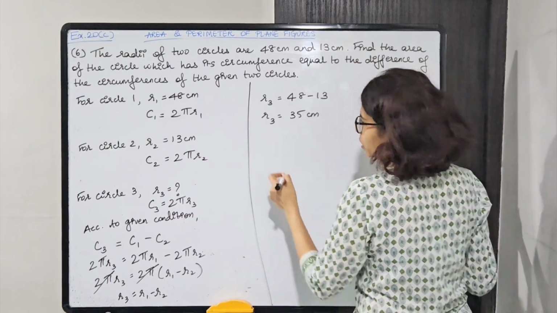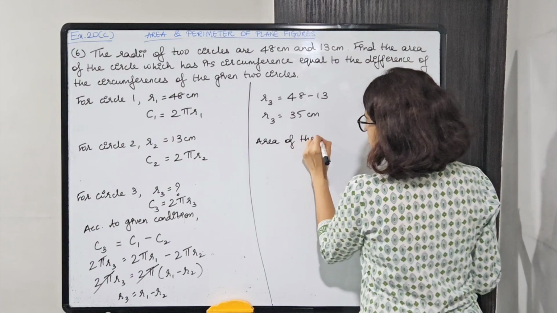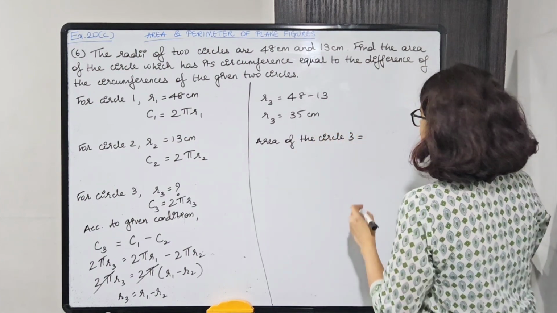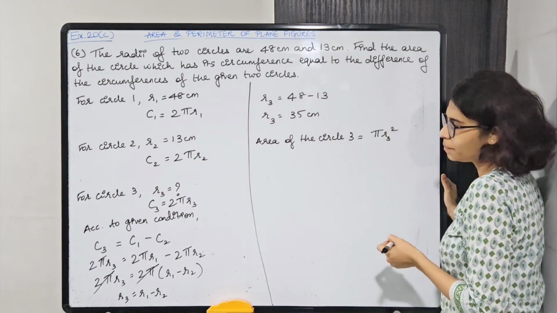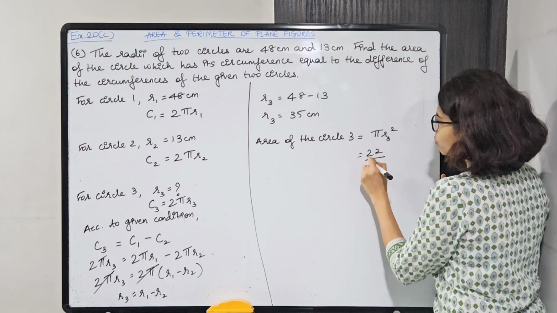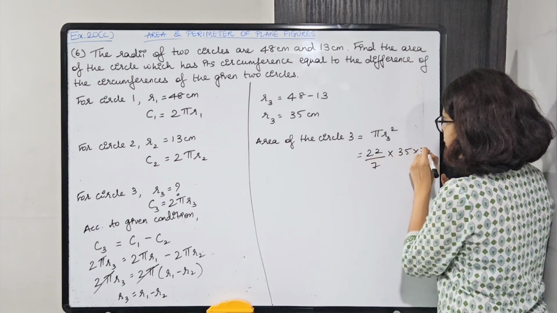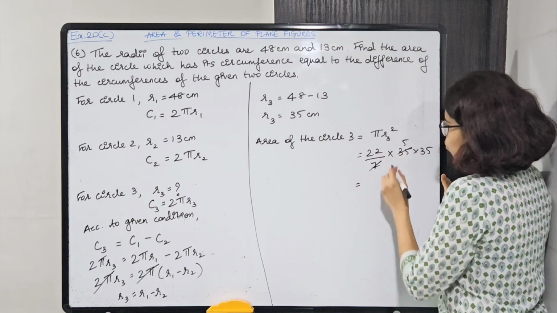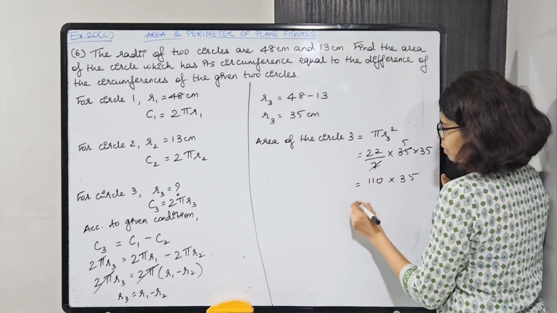Now let's find out the area. So the area of circle 3 is pi r3 squared. Write the formula first, then put the values. 22/7 into 35 into 35, 7 fives are 35. So 22 into 5 gives 110 into 35.